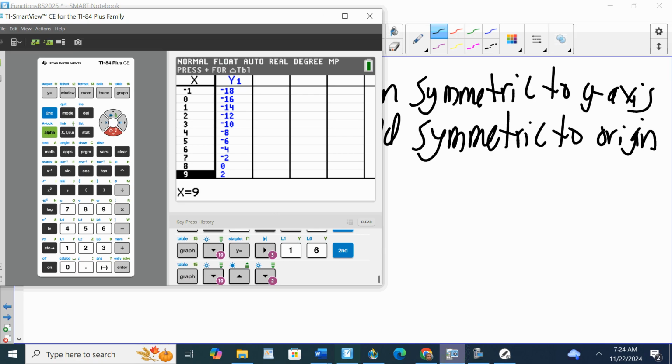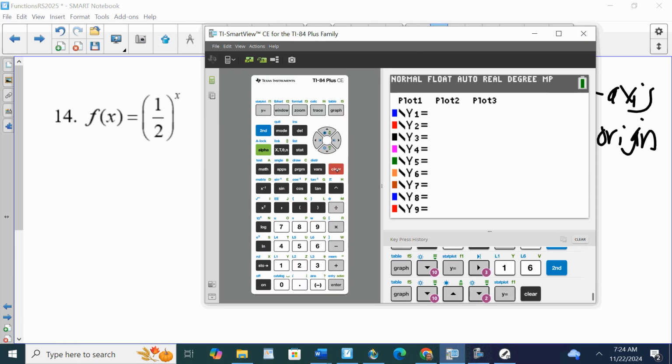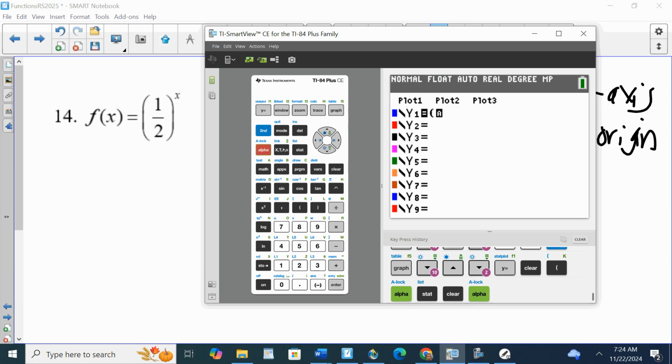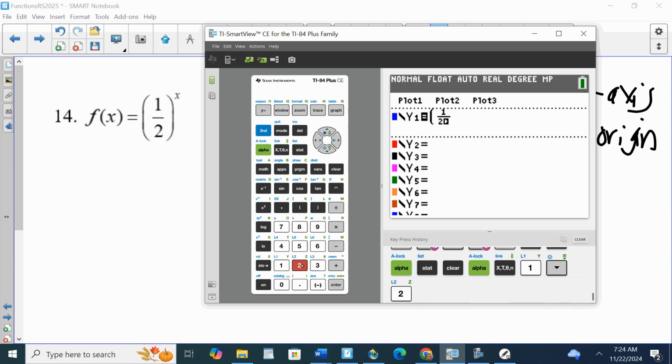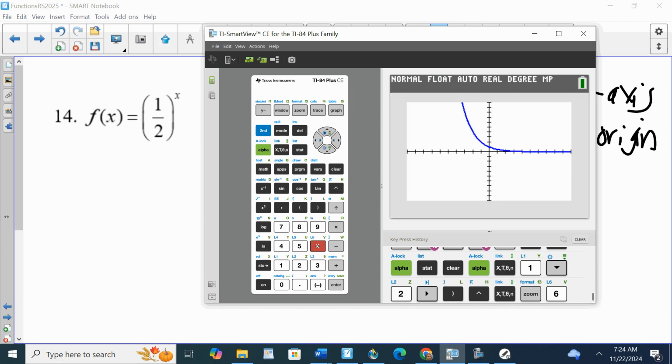If they give you an equation, then just type it into your calculator. y equals (1/2) to the power of x. Zoom 6. Is this symmetric to the y-axis? No. If I fold it over the y-axis, it won't land on itself. It's not symmetric to the origin.